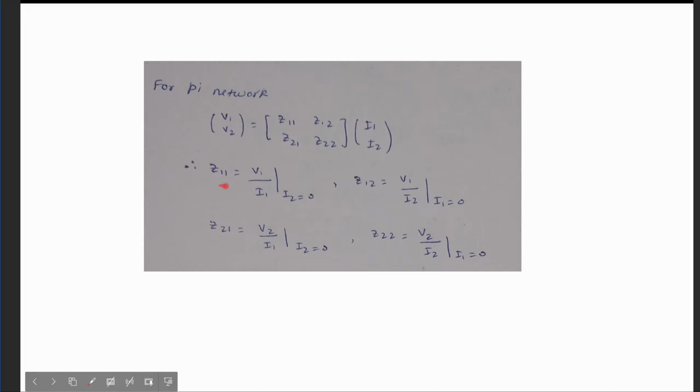Then you can write Z11 is equal to V1 upon I1 given that I2 is equal to 0, and similarly Z12 is equal to V1 upon I2 given that I1 is 0. The same thing you can write for Z21 and Z22: for Z21 it's V2 upon I1 given that I2 is 0, and for Z22 it's V2 upon I2 given that I1 is 0. Okay, so first let's try to find the Z11 of this.